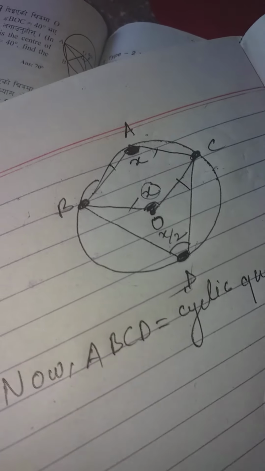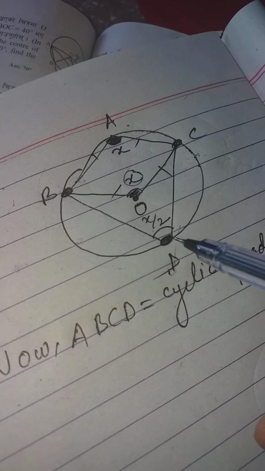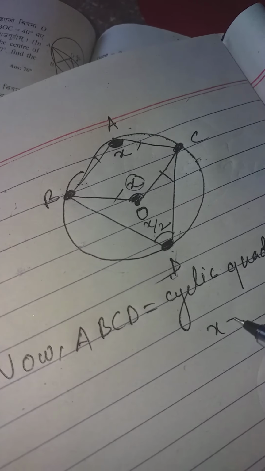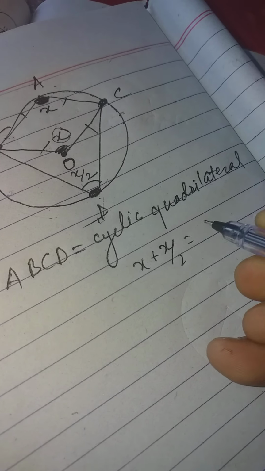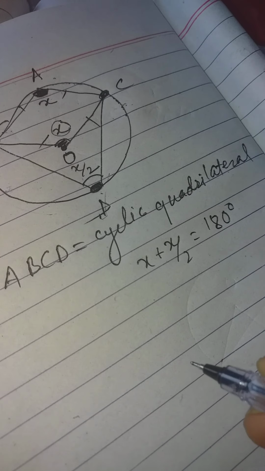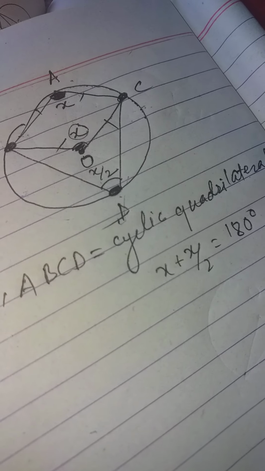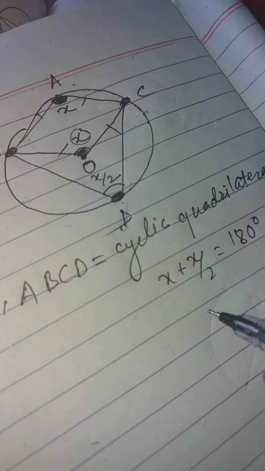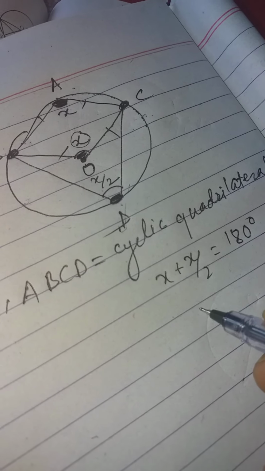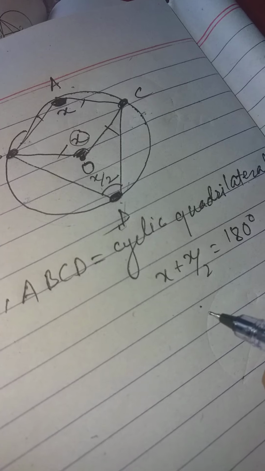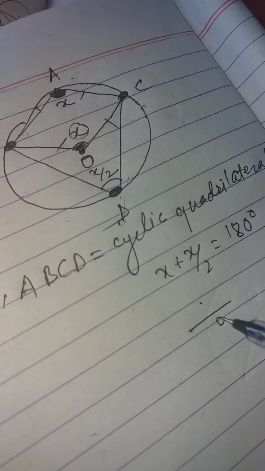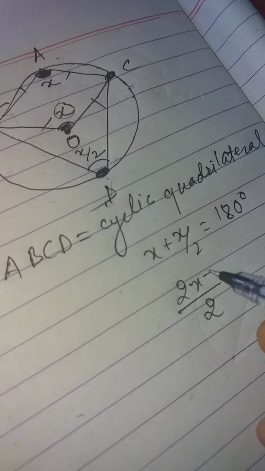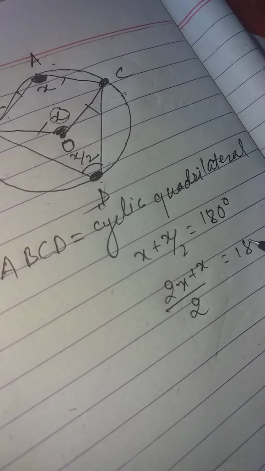So in a cyclic quadrilateral, the opposite angle sum makes 180 degrees. So x plus x by 2 is equal to 180 degrees, being the sum of opposite angles of the cyclic quadrilateral, that is supplementary, yes or not? Opposite angles are supplementary. So if we take the LCM, this is 2, so it is 2x plus x is equal to 180 degrees.